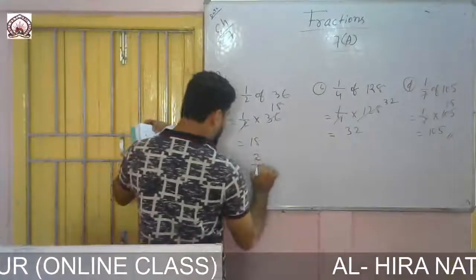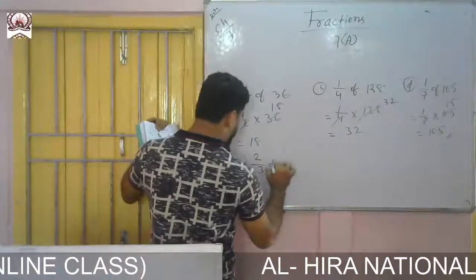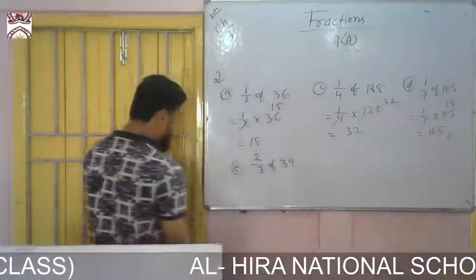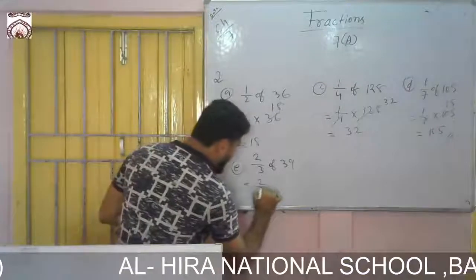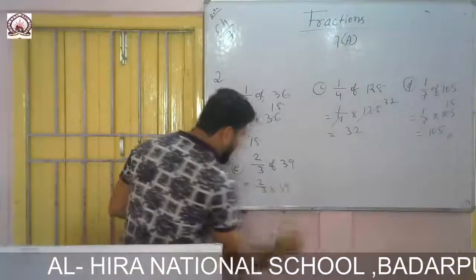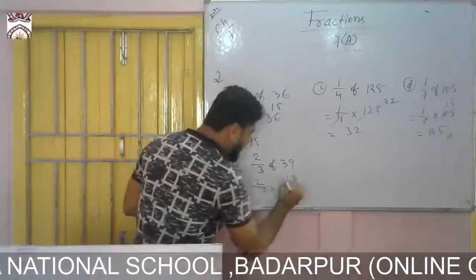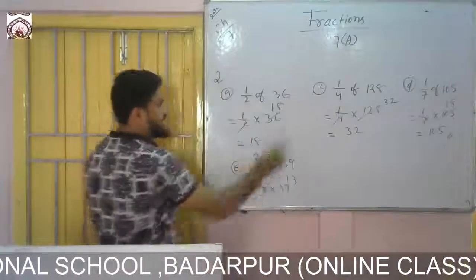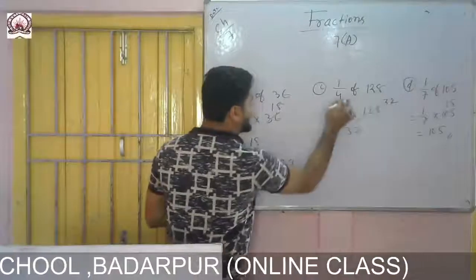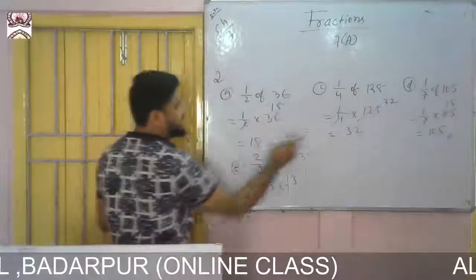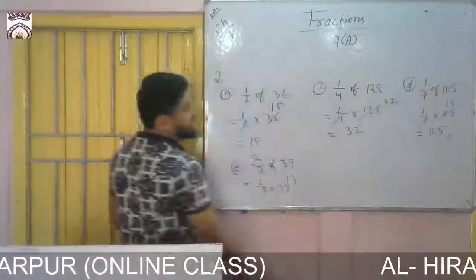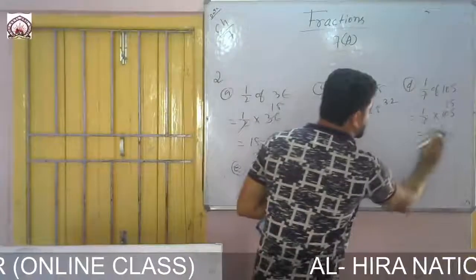Now come to question number E. 2 by 3 of 39. So that means 2 by 3 into 39. So I can cancel 3, 13s are 39. So remain 2 and 13. Earlier what remained was 1 and 32. Sorry, 1 15s are 15.